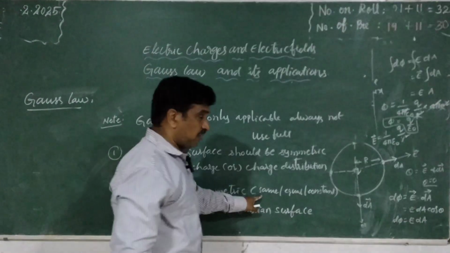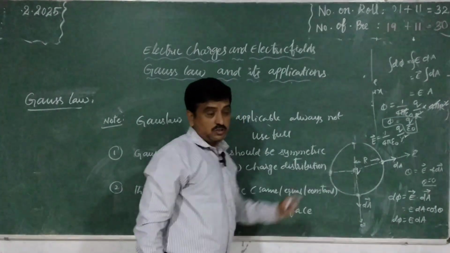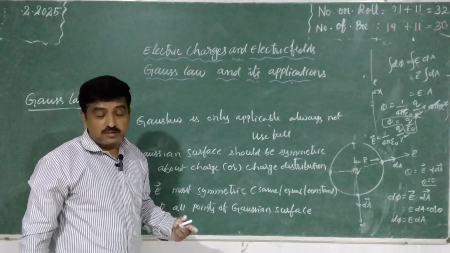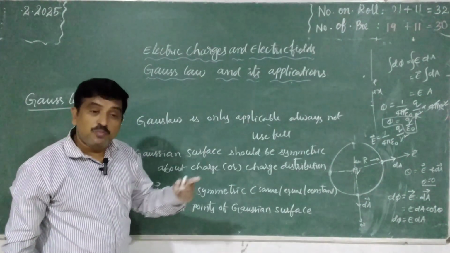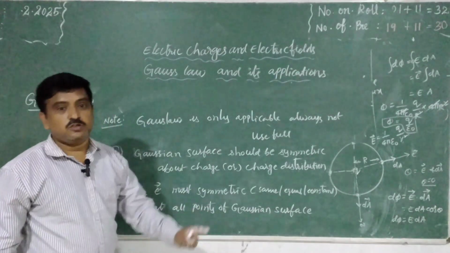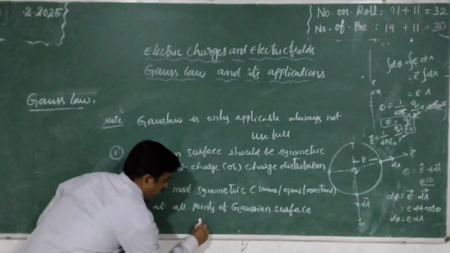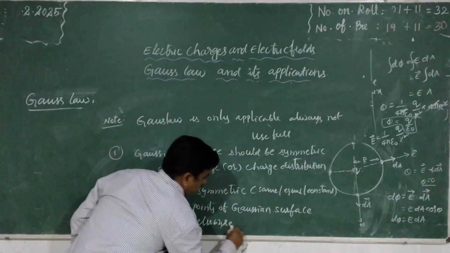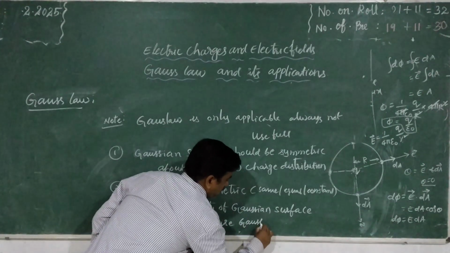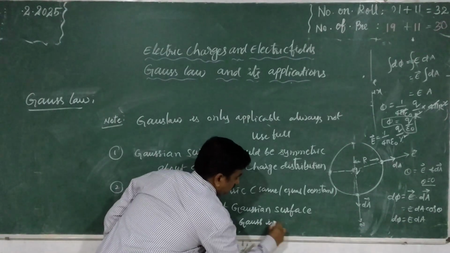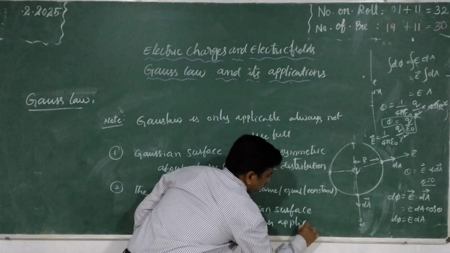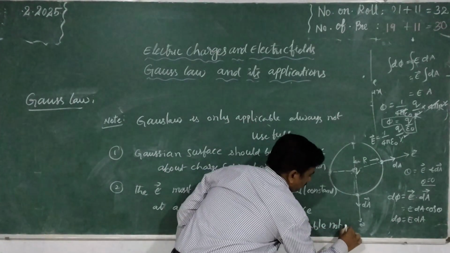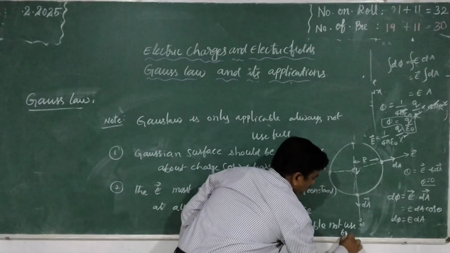Symmetric means same, equal or constant at all points of the Gaussian surface. Again I repeat, the electric field must be symmetric, meaning same, equal or constant at all points of the Gaussian surface. Otherwise, Gauss law is applicable only, not always useful.